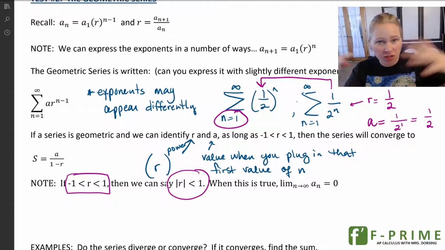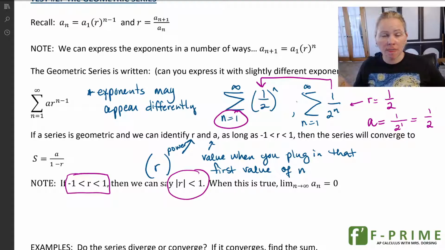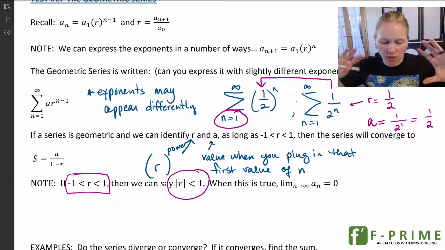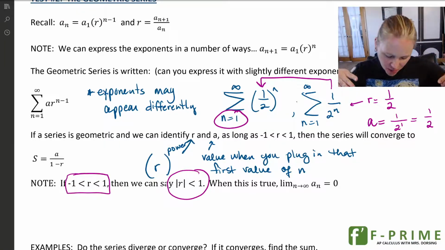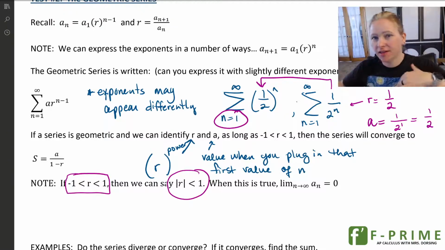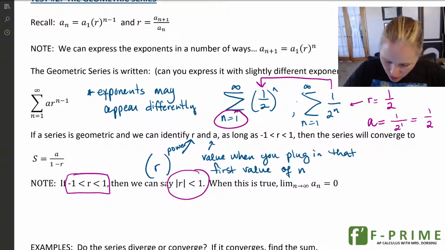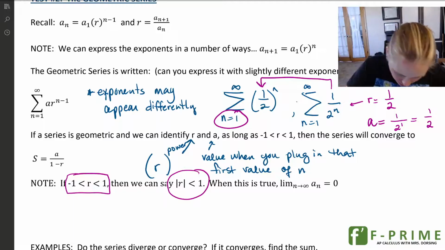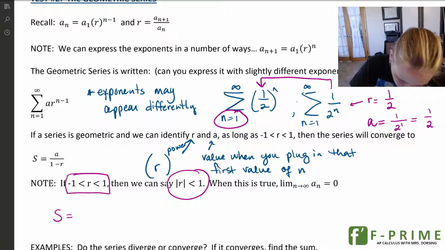If r is outside of that range, if it's too big, your nth term will approach not 0. It'll just get bigger and bigger. So the idea is that you only pass the nth term test and move on to the next test if r is less than 1 or greater than -1. We have that, r is 1/2, so it works. So here, this 1/2 series would converge to this.